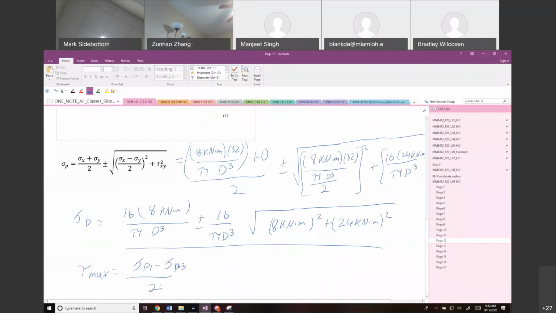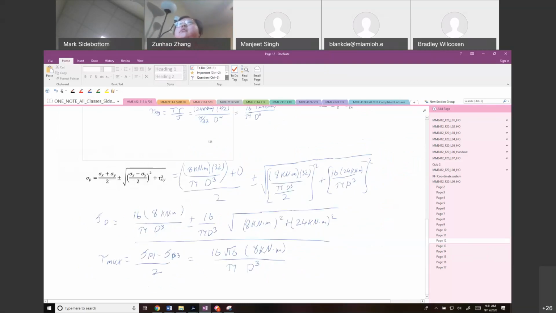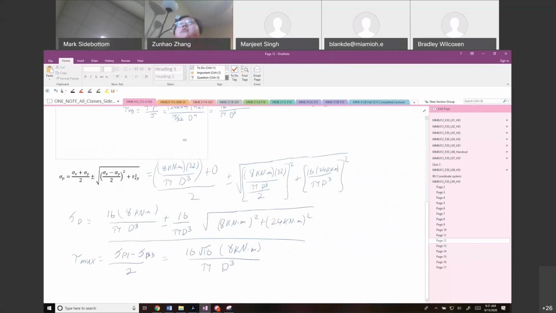If we evaluate all that out, we end up getting 16 times radical 10 times our moment, which was 8 kilonewton meters, divided by pi d cubed. There was some algebra in there, but that's what it ends up being.